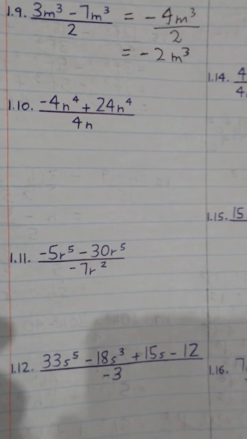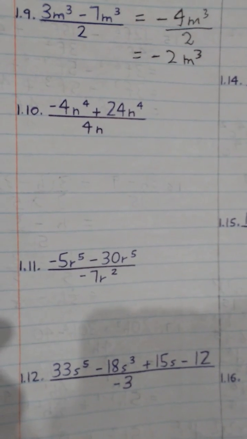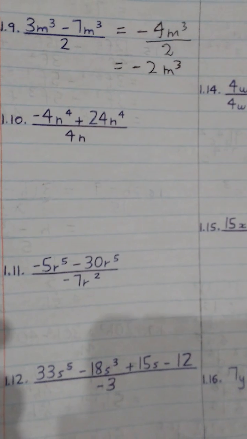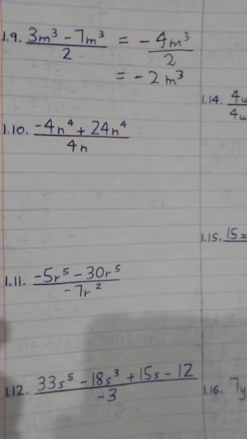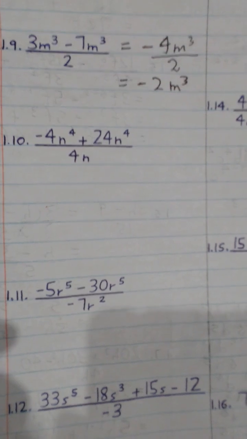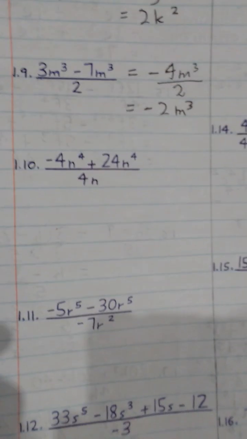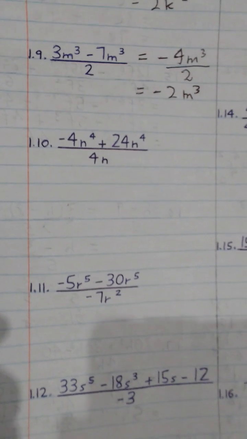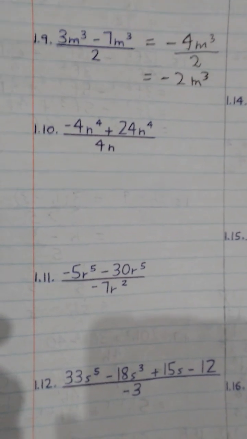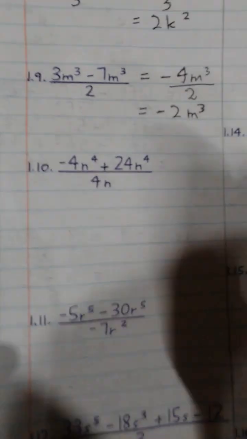1.10, we have in the numerator negative 4n to the power of 4 plus 24n to the power of 4 all over 4n. So in the numerator, we have the same variable n raised to the same exponent 4. So we deal with the coefficients. Negative 4 plus 24.